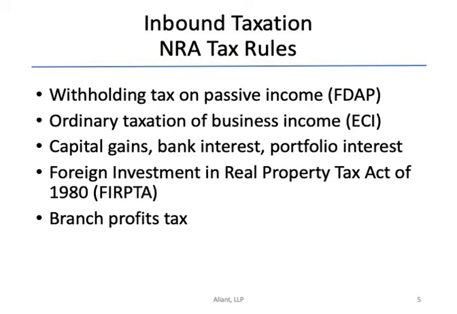These treaties reduce the withholding tax on passive income to anywhere between 0 and 15%. 15% is the most common, sort of standard, right? Depending on how strong a trading partner the treaty country is, the withholding can be even less, and it can go all the way down to 0 for certain countries and for certain categories of income. So we'll have different withholding taxes for interest income, for dividends, rents, royalties, and the like.